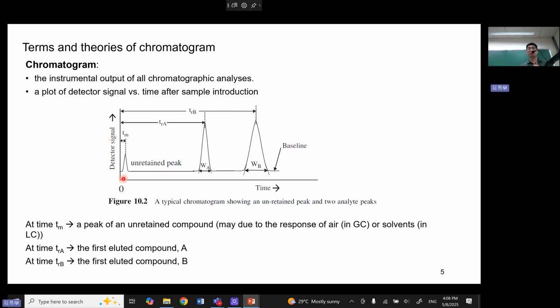This unretained peak is from compounds that have no or little intermolecular interaction with the stationary phase. In the case of HPLC, if we are using organic solvent as the mobile phase, the unretained peak is actually from water.